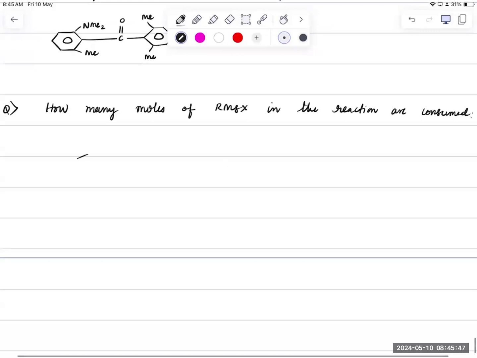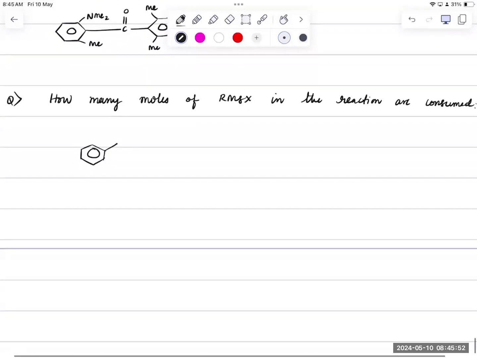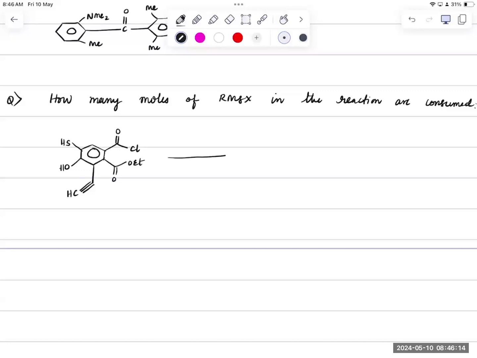The reactant given is like this: we have benzene here, and then we have double bond O, Cl, and we have double bond O, OEt, like this. Then I have OH here, SH here, and then we have a triple bond CH here, like this. And some X moles of RMgX are being treated. Clear?